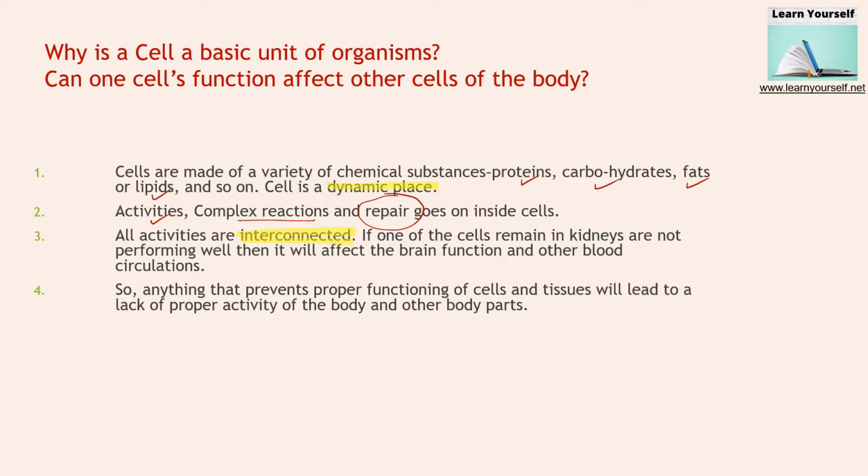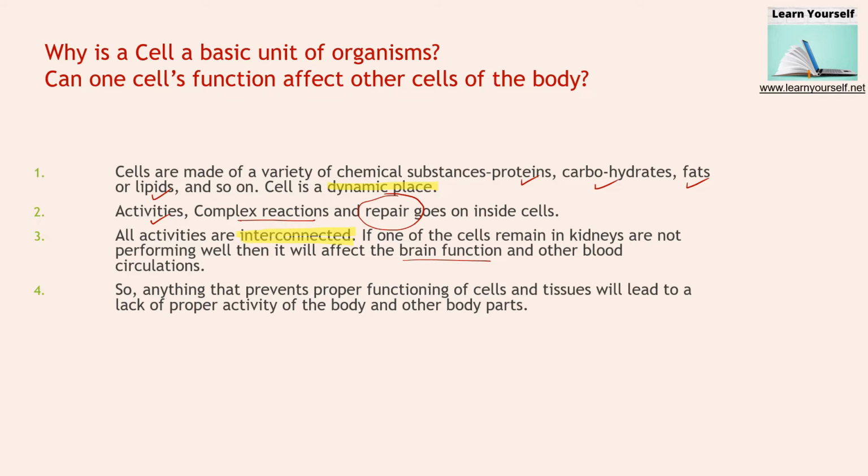All these are interconnected. If the cells in the kidneys are not performing well, then it will affect brain function and blood circulation. So if one type of cells, or the cells in one organ, are not performing well, it is definitely going to affect the other cells or other parts of the body.